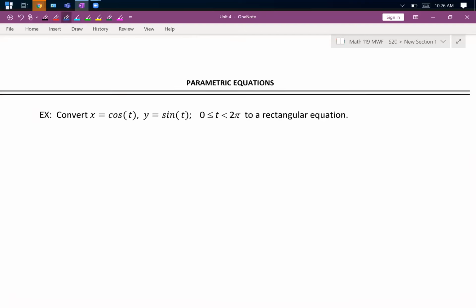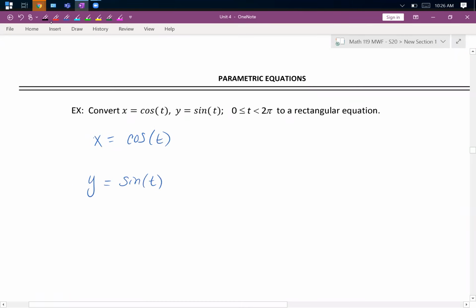All right, I'm going to write them vertically. So we have x equals cosine of t, and then y equals sine of t. I'm going to do a legal math move, and I am going to square both sides of these equations. That's legal.